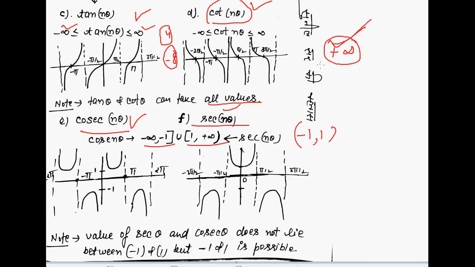In that case, maximum will not be questioned. I again repeat, if tangent, cotangent, cosecant and secant are present alone or in combination, maybe with sine or cos, then maximum is always +infinity. We have to concentrate only on the minimum values.